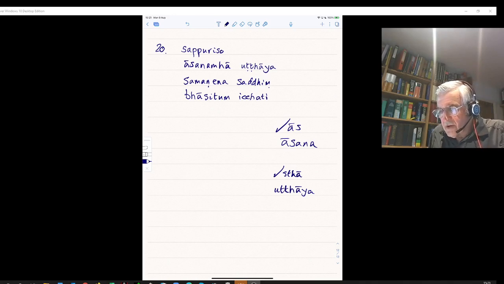So I'll read the whole sentence now. Sappuriso asanamha utthaya samanena saddhim bhasitum ichchati. So the English is given as: having risen from the seat, the good man wishes to speak with the monk.